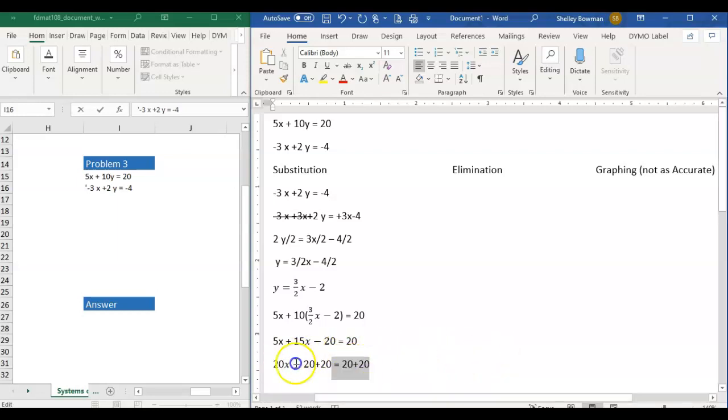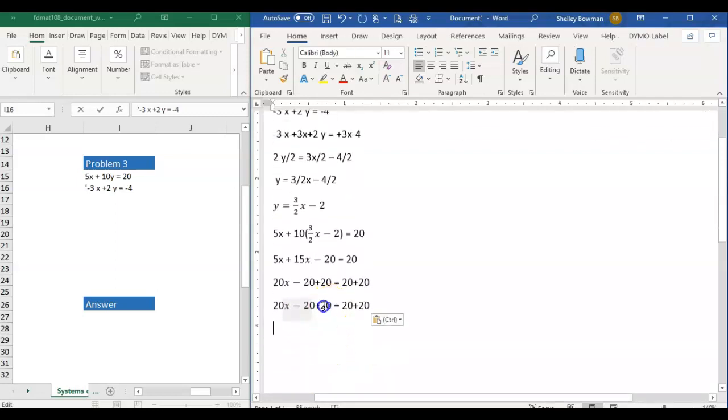And so on my next step, +20 and -20 cancel, which is good. And then +20 plus +20 gives me 40. And then I need to continue solving for x by dividing by 20. Again, on the right side, divide by 20. And then 20 divided by 20 gives me x equals 40 divided by 20 is 2, and I have a solution now.